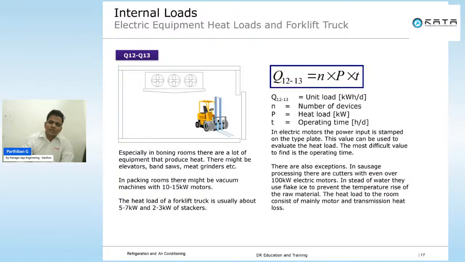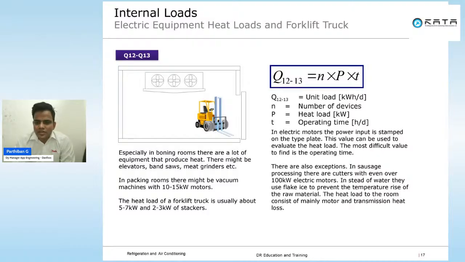The motor power has to be taken. Say your 5 kilowatt motor, 5 kilowatt is your cold storage heat load. If you have a 500 watts motor, 500 watts is your heat load. If you have a fan, whatever energy we supply to the motor, everything has to be added to the heat load. Its electrical kilowatt will become heat load kilowatt directly. There is no change in that.